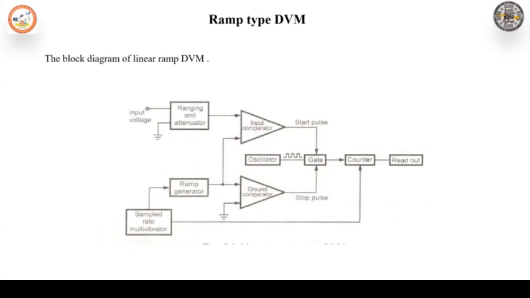The sample rate multivibrator determines the rate at which the measurement cycles are initiated. The oscillation of this multivibrator is usually adjusted by a front panel control named rate from a few cycles per second to as high as 1000 or more cycles per second.